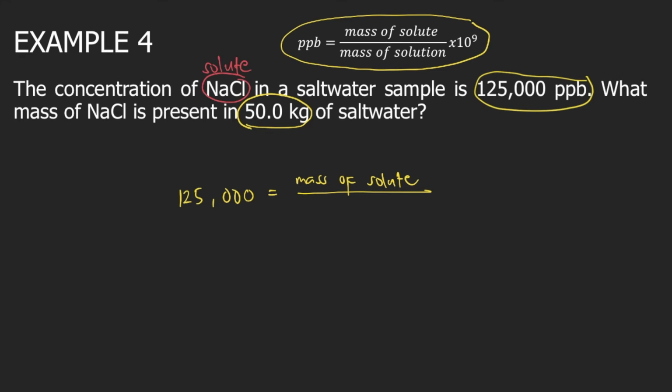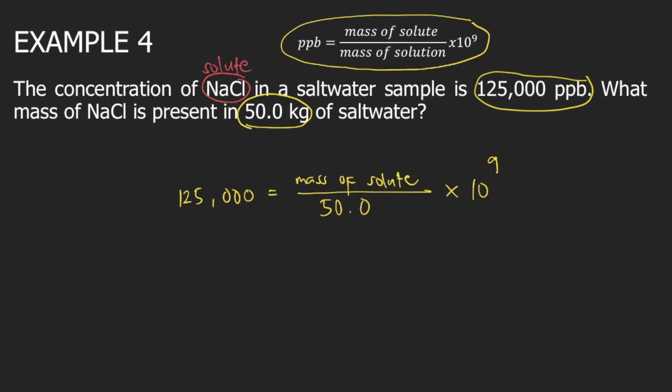We are given 50.0 kilograms. So I told you, you can use any unit of mass if you use the first formula for ppb. So we can use kilogram. So just plug in 50.0 times 10 raised to 9.